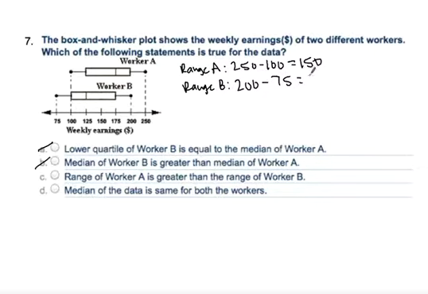So 200 minus 75 is 125. So the range of worker A is greater than the range of worker B is true. Let's check the other one just to be 100% sure. The median of the data is the same for both workers. The median value of B is at 125. The median of A is at 175, so those are not the same.